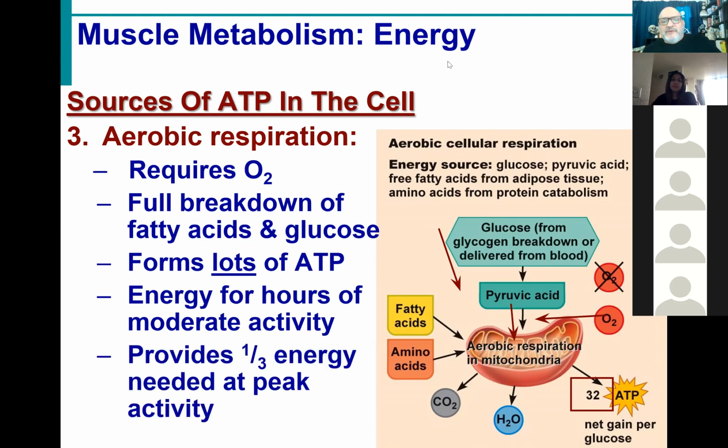The problem is if we are doing a maximal force contraction, if we're trying to use a muscle at its peak level of activity, this can only provide about a third of the energy needed. So we need a quick and dirty way of making up that ATP.